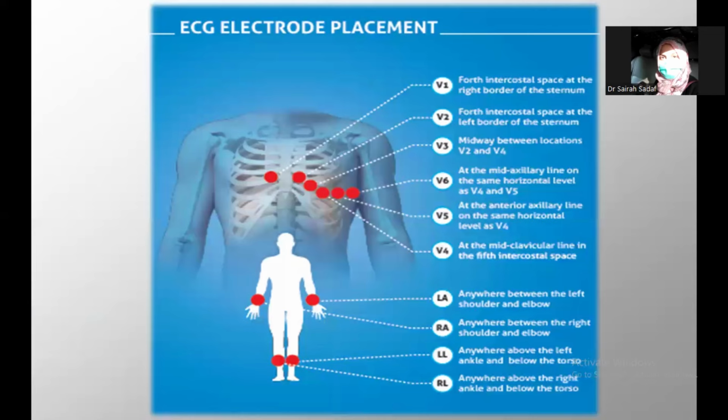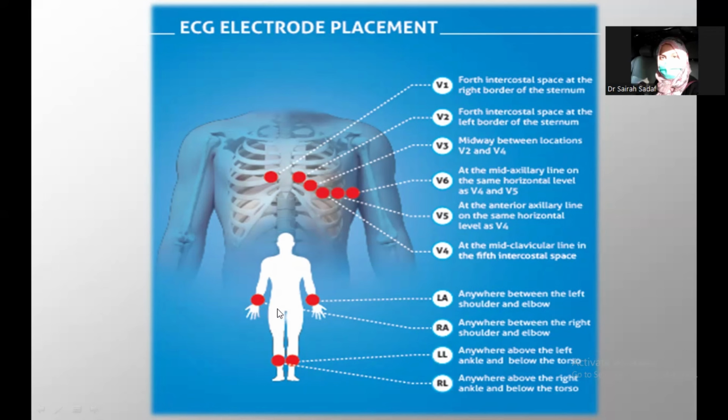Now this picture is showing the placement of the electrodes on the limbs and in the chest. Starting from here, I hope you can see my cursor moving here. Yes? Okay.